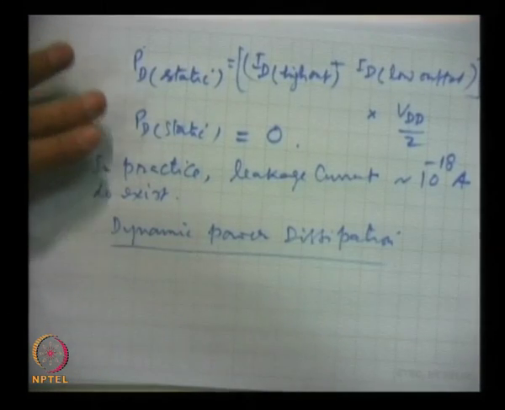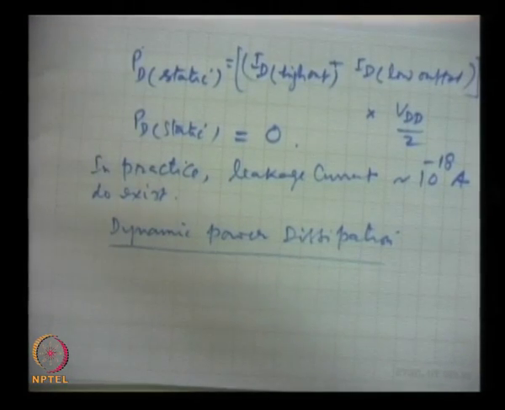We said above that when the MOSFETs have changed states, then the drain current is 0, and that gives the static dissipation to be 0. But dynamic power dissipation occurs when both these MOSFETs are changing states.